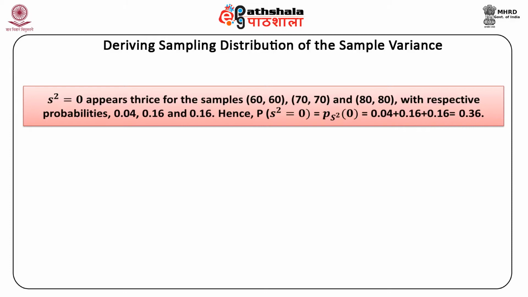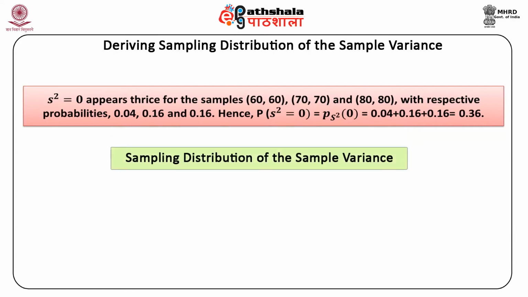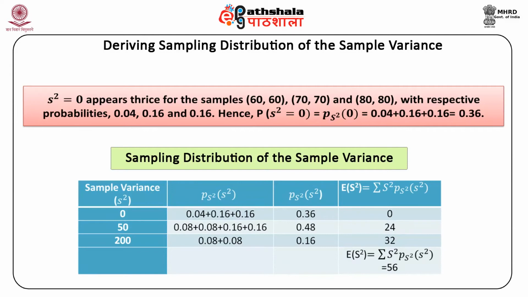Hence, the probability that S square is equal to 0 is equal to 0.04 plus 0.16 plus 0.16, which is equal to 0.36. Let's look at table 5 where we have the sampling distribution of sample variance.